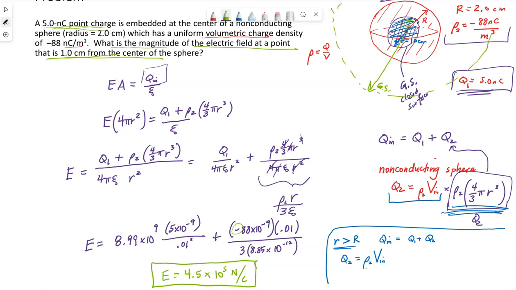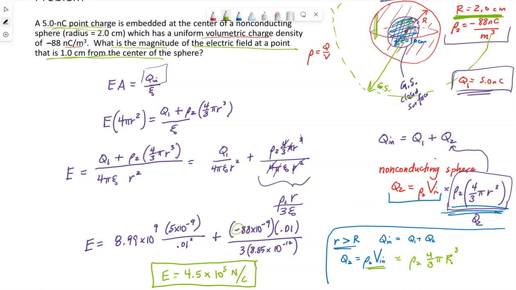So when we come back and say charge density times volume in, we have to use 4/3 pi capital R cubed, where we specifically mean the 2 centimeters, the radius of the actual non-conducting sphere.